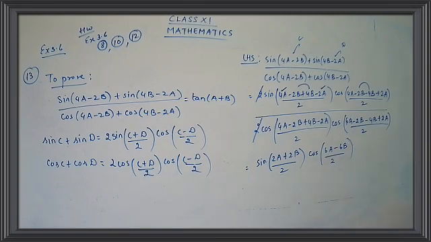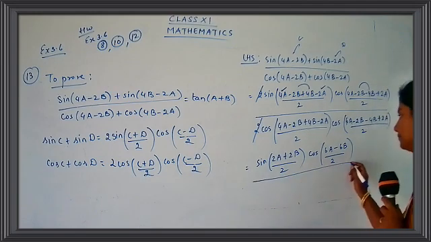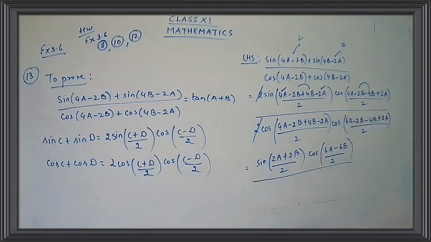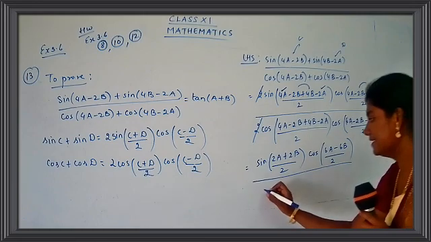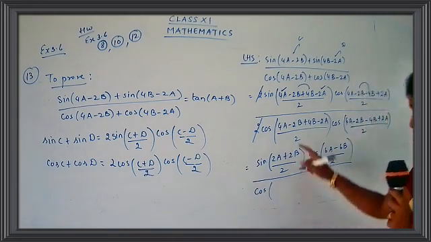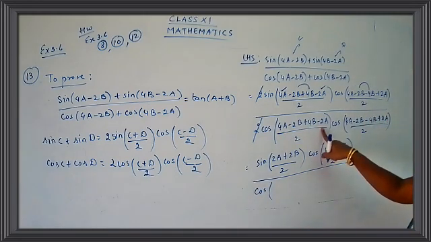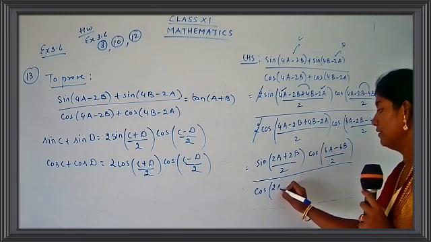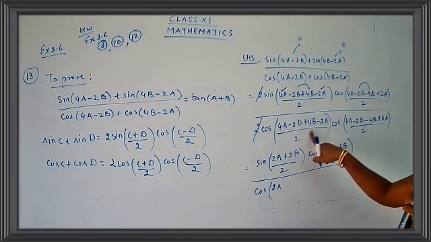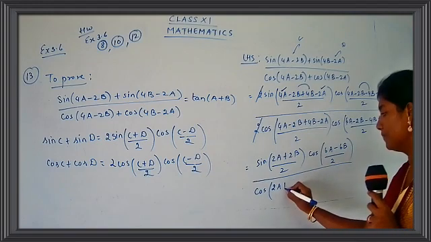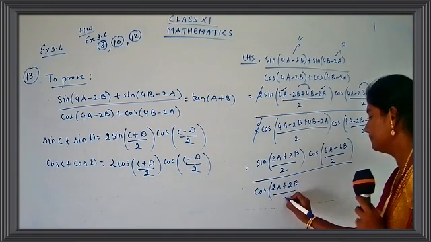I get cos of 6a minus 6b upon 2. Let me come to the denominator part. Anyhow, I would have cancelled this. Okay, I'll just cancel here. No problem. Cos of 4a minus 2a, 4 minus 2, 2a. Minus 2 plus 4, again the same part. Same terms only there. So plus 2b upon 2.